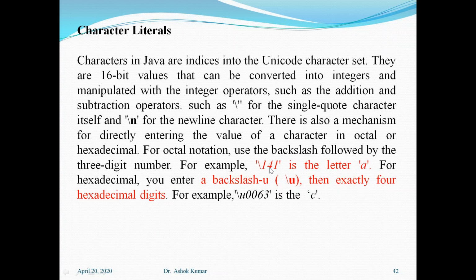So that is equivalent to a. The ASCII code for a, we can say, is 97. So 141 is in octal, and its equivalent number is 97, and 97 is the code for small a. So that's why this is a, right?